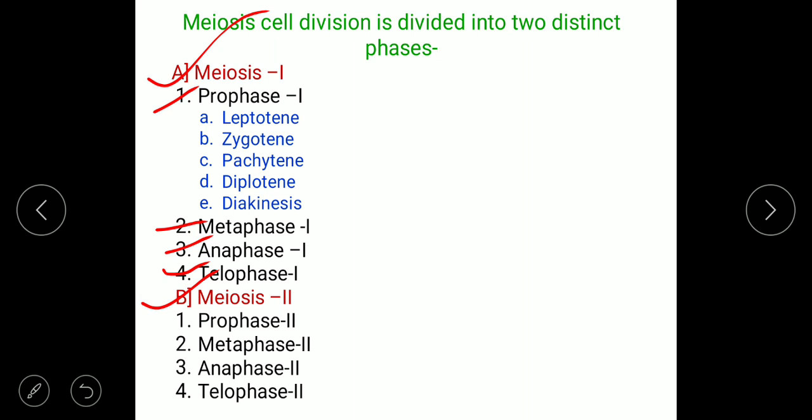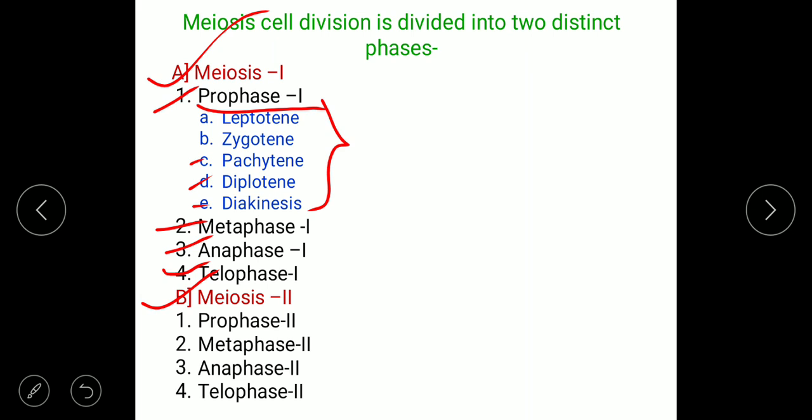The prophase-I of meiosis-I is the longest stage in this cell division, and it takes place in 5 phases: leptotene, zygotene, pachytene, diplotene, and diakinesis.